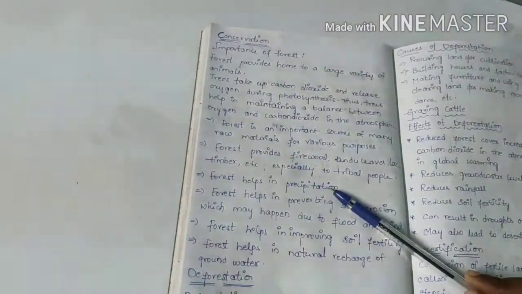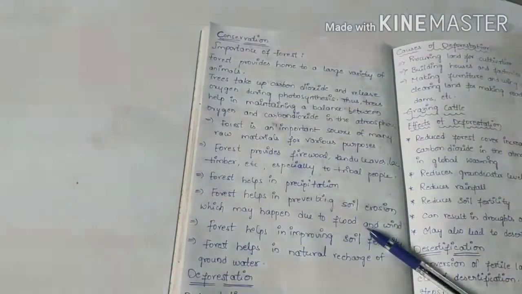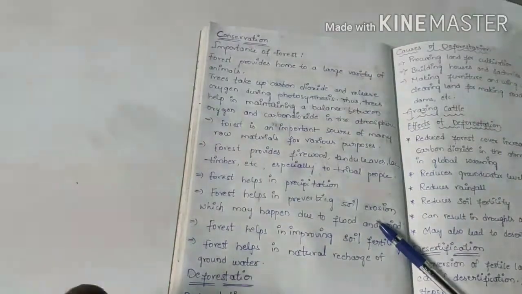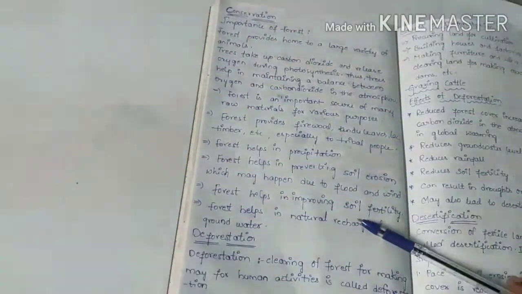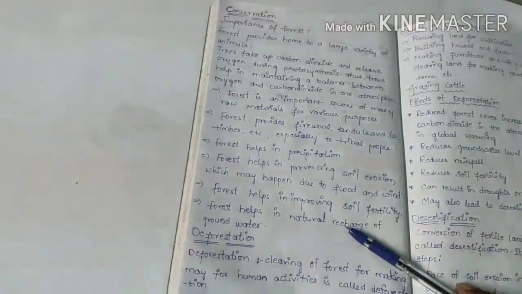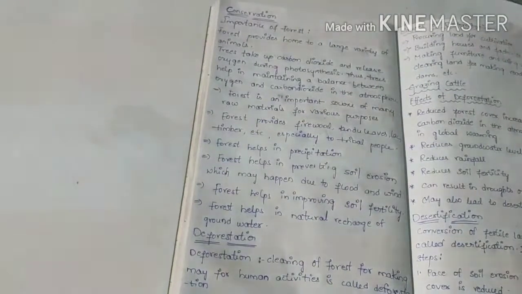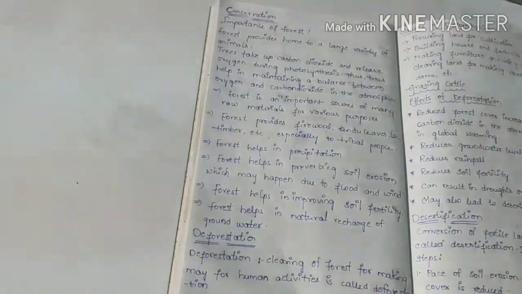Forests help in precipitation. Forests help in preventing soil erosion, which may happen due to flood and wind. About this factor we already studied. Forests help in improving soil fertility. How do they help? See, so many trees are there.